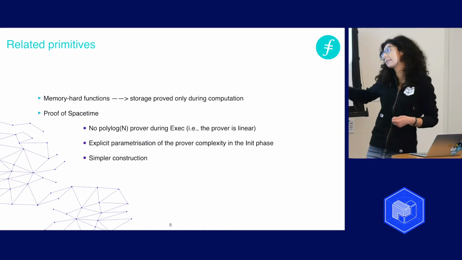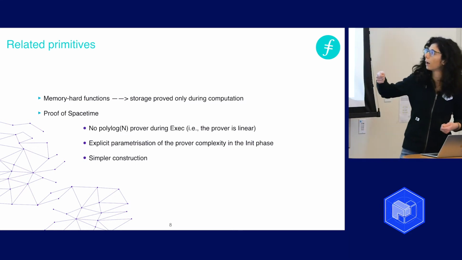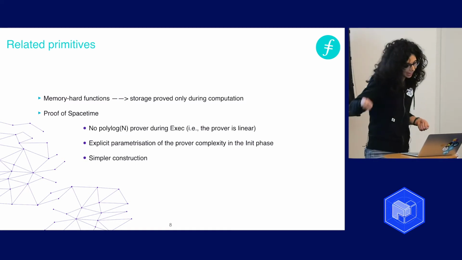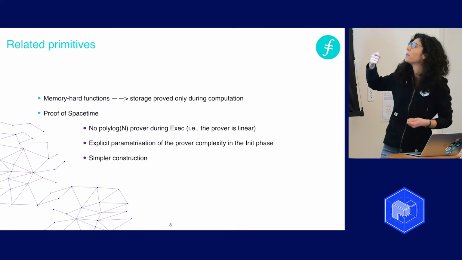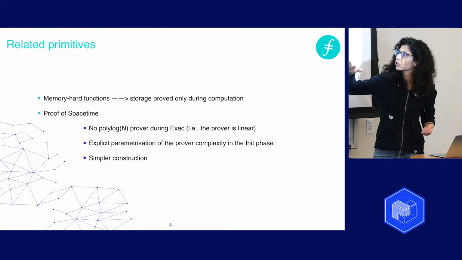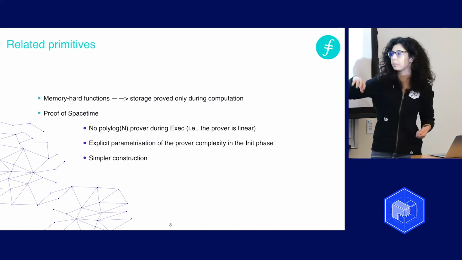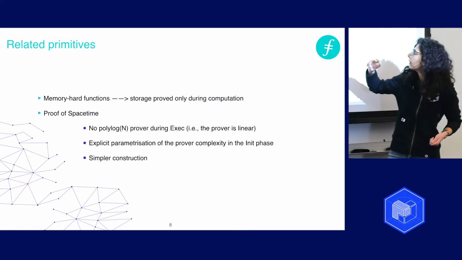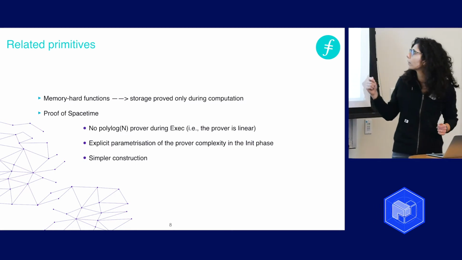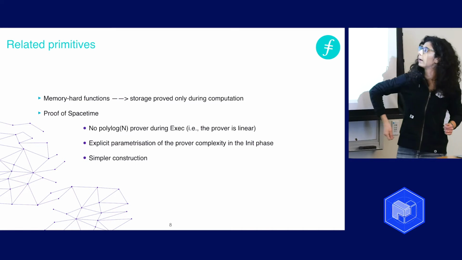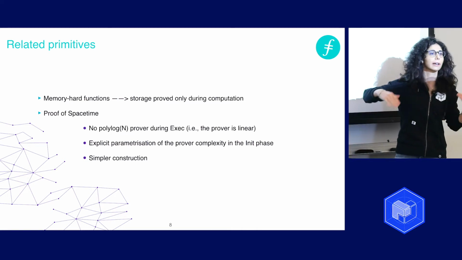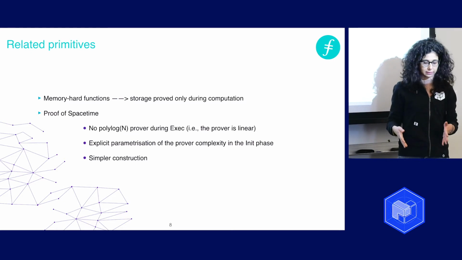And then proof of space time, it's a name that is used for many things, but specifically it's used for a construction that is very related to proof of space, but basically removes the constraint on the prover to be linear, to be efficient in the execution phase. So I don't care that the prover is efficient in the execution phase.